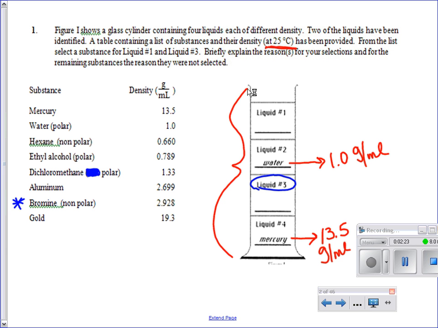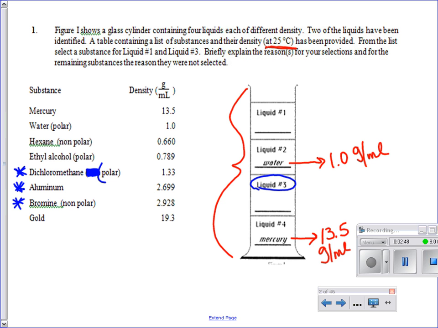What's our other option? Dichloromethane. And our other option? Aluminum. Right off the bat, I can get rid of one of these options. Why can I get rid of dichloromethane? That's not the one I was thinking of, but if you want to get rid of it. Perfect. Dichloromethane is polar.